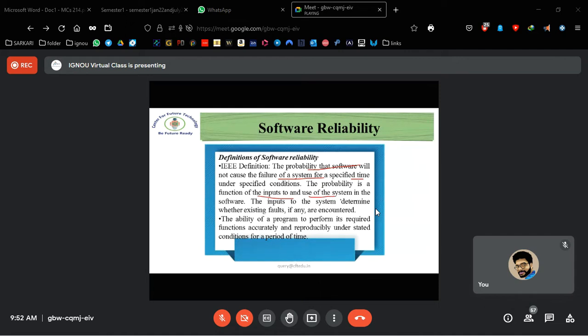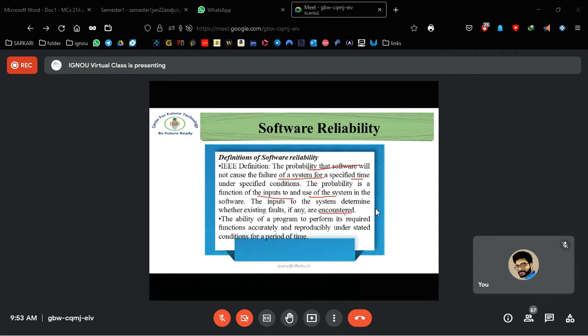Based on the input given to the software, how the software reflects in terms of acceptance or implementation of that input reflects the quality of the software, and this is collectively called the reliability of the software. So the input to the system determines whether the existing faults, if any, are encountered in the software. If they are encountered, they will be communicated to the right channel so that the bugs can be fixed and the software can be bug free.